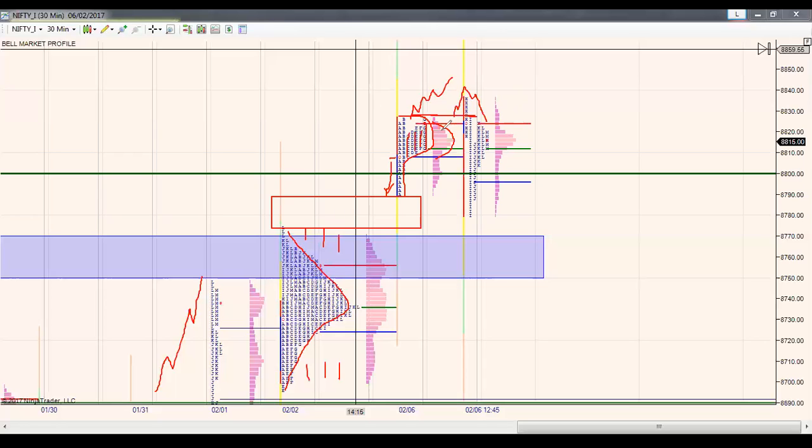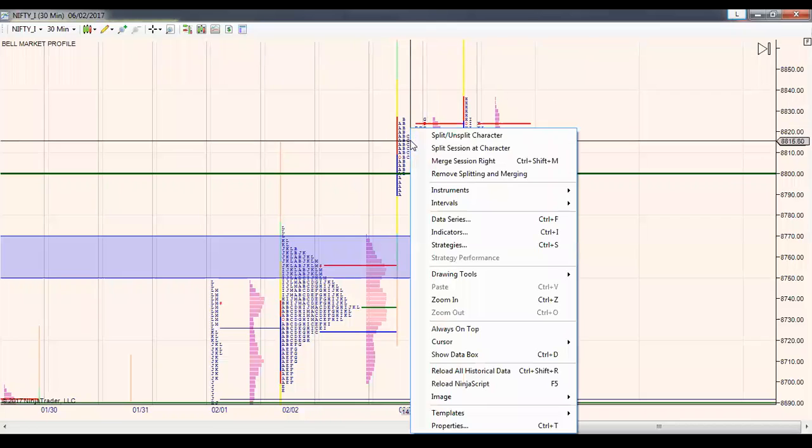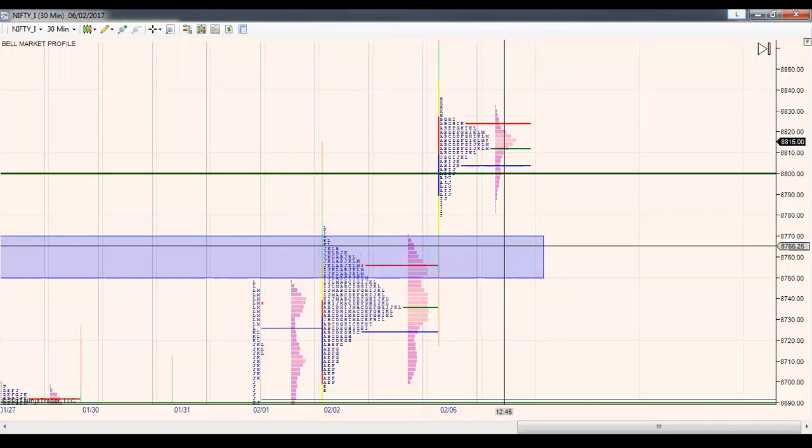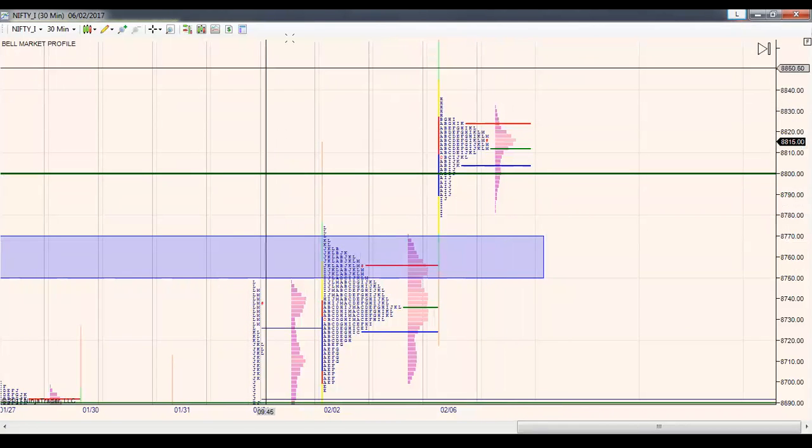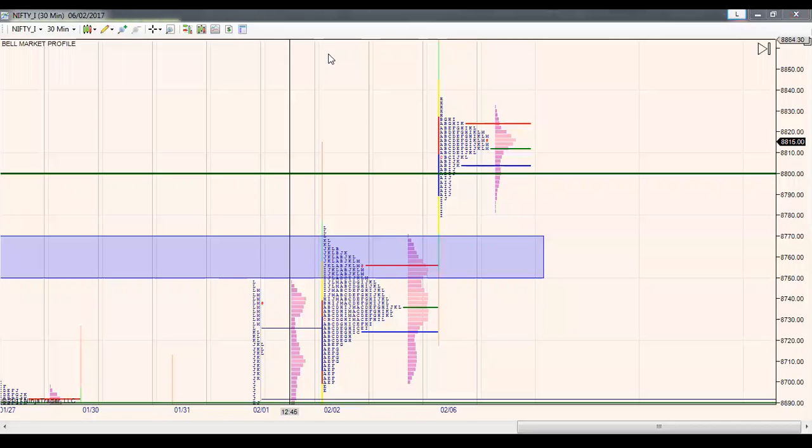So if we clear everything up and merge this, right? So again, if you can see, this is not a very clean balance, but we do have some rejection at the top, some rejection at the bottom, and value in the middle.